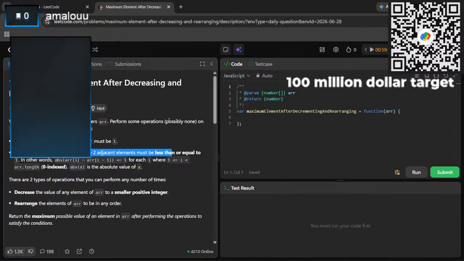In other words, ARR[i] minus ARR[i-1] should be at most 1 for each i. You can rearrange them in any order. Maximum element after decreasing and rearrangement.